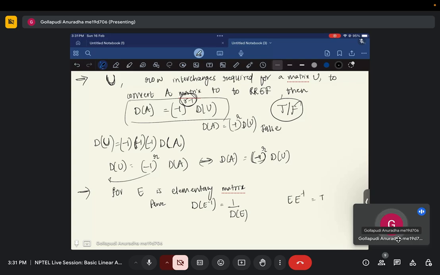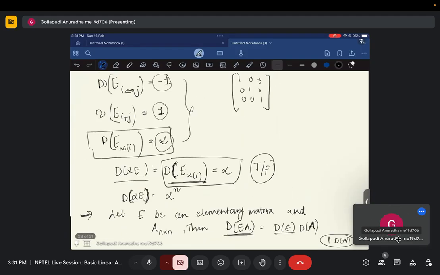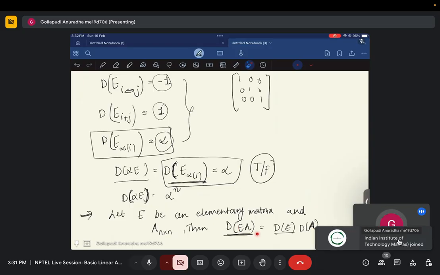So this is the identity matrix, A into A inverse, and if I am taking determinant on both sides, the determinant of the identity matrix will be 1. And we saw that we can pull it out, right?